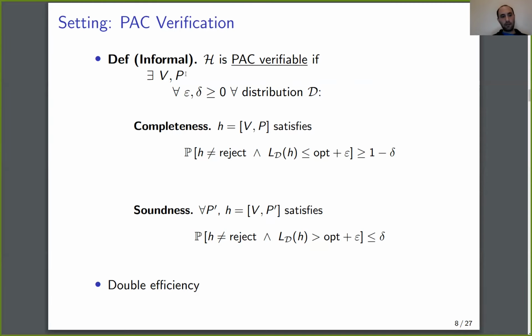And the motivation for that is that, like we saw in the commercial setting, we want some actual real party to be able to instantiate the prover and run that algorithm. So in order to allow the machine learning provider to execute the prover, we want the prover to be efficient. So that's our definition of PAC verification.